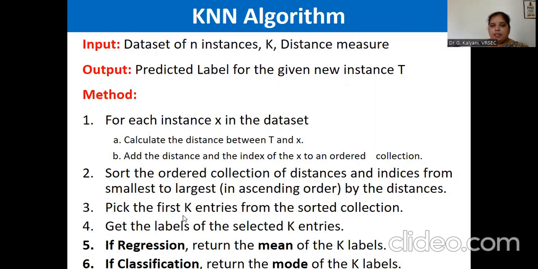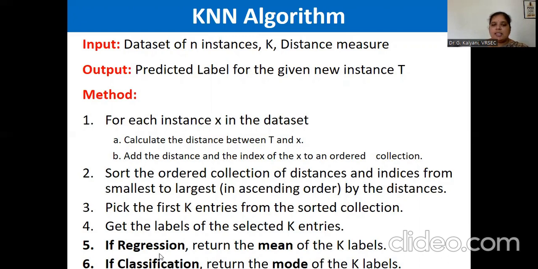Then after picking the k instances, we need to decide the label for the given new instance t based on the labels of the selected instances. That's why from the selected instances, get the labels. And based on these labels, we can predict the label for the given instance.